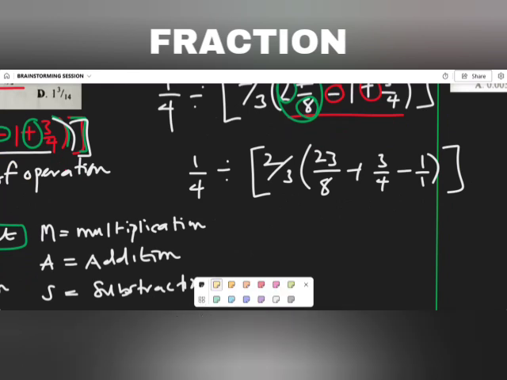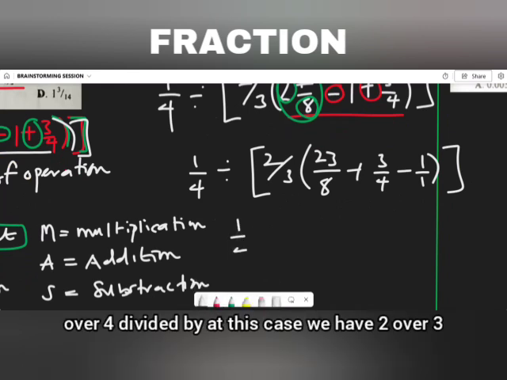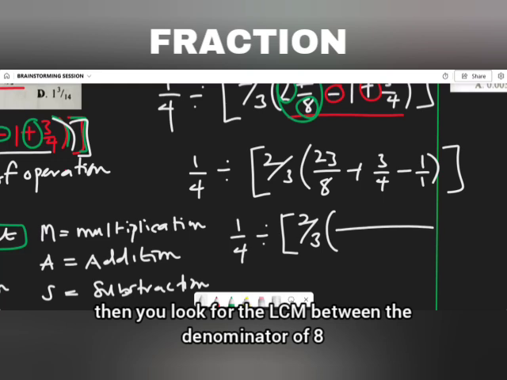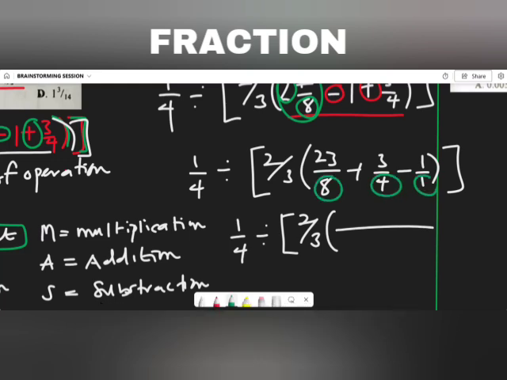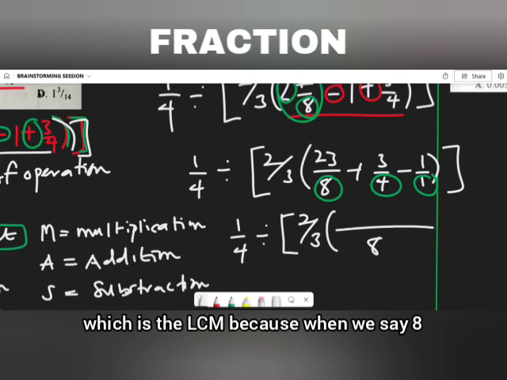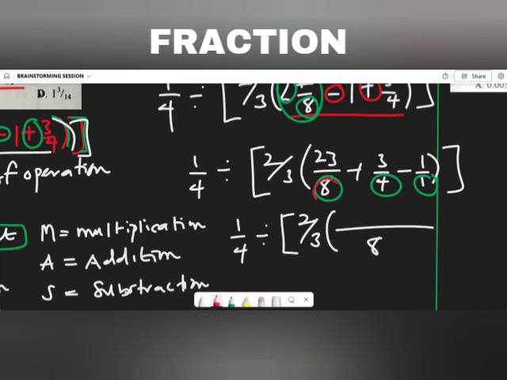So we have 1 over 4 divided by 2 over 3. Then you look for the LCM between the denominators 8, 4 and 1. The LCM is 8. 8 in 8 gives us 1, and 1 times 23 will give us 23.